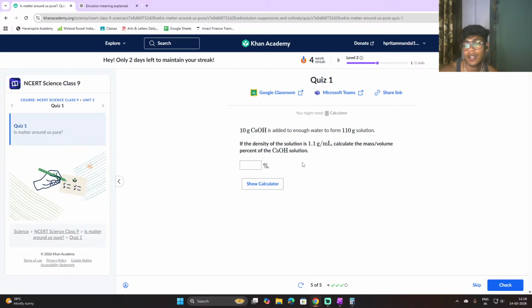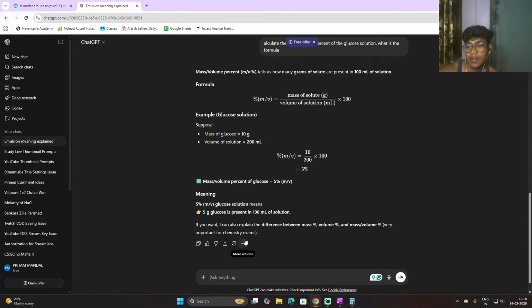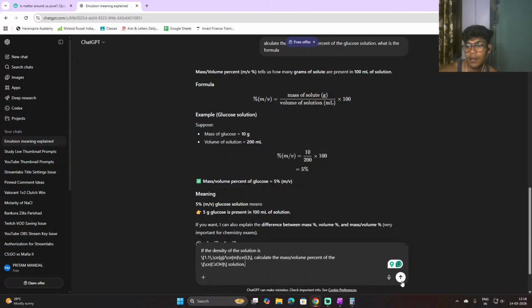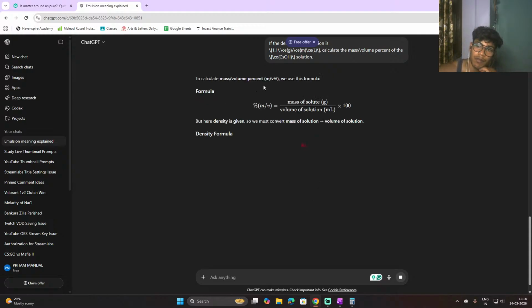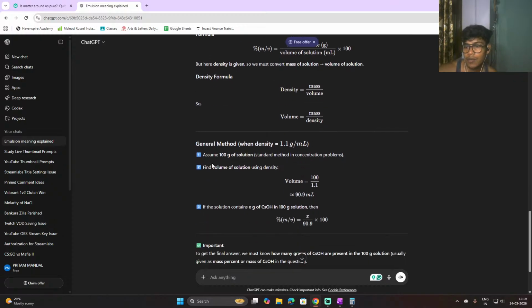So here the new thing given is density. How to calculate density? What will be the formula here? The mass volume percent. The density equals mass by volume. General method: assume 100 gram solution.